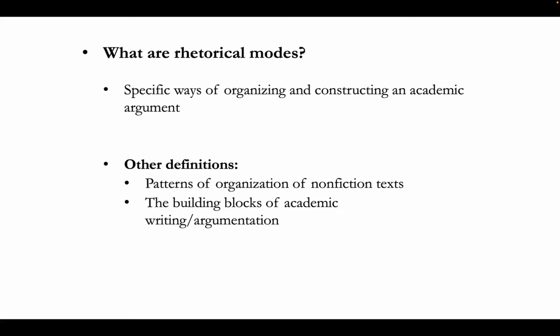So, for example, if a writer wants to help you understand what it's like to work in a really disgusting kitchen in a low-budget restaurant, then the writer might spend some time defining exactly what low budget means. And then the writer might give some examples of what makes the restaurant so disgusting. And then the writer might do some really vivid description about what the kitchen looks and feels and smells like.